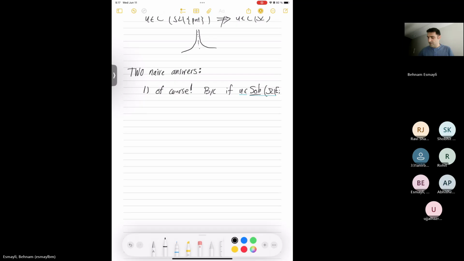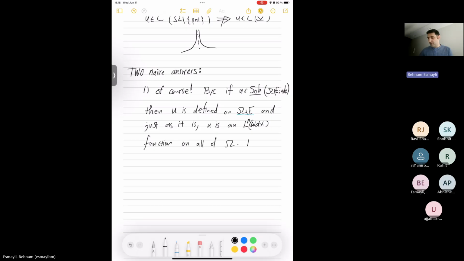If you are in Sobolev space outside the set E, then U is defined on omega minus E, and just as it is, U is in LP with respect to the weight function on all of omega, because Sobolev, okay, so maybe make it a rhetorical question, because aren't Sobolev functions only defined up to a null set?